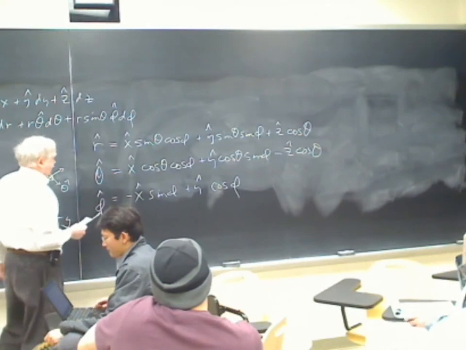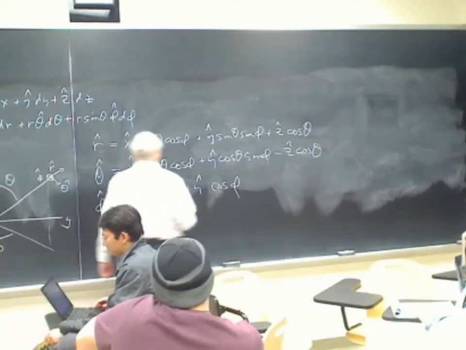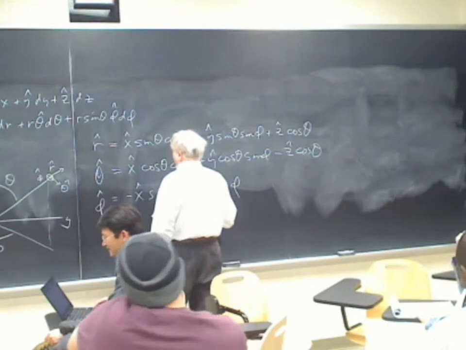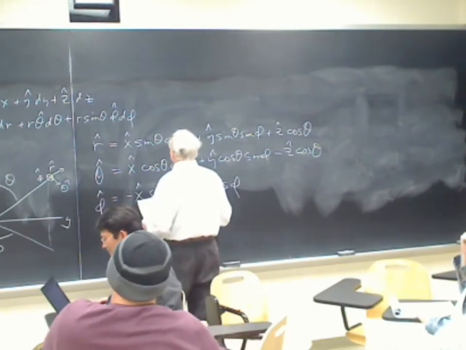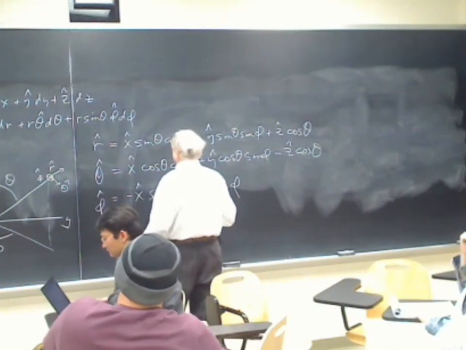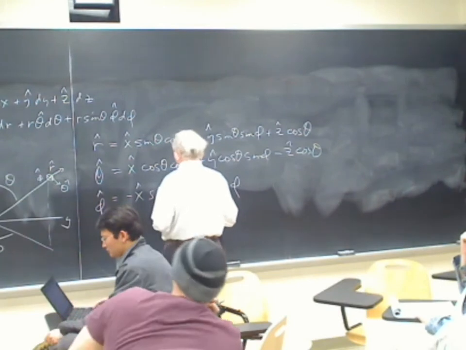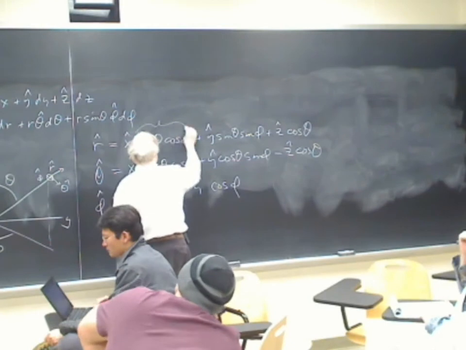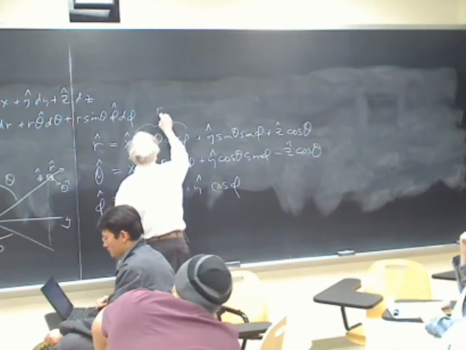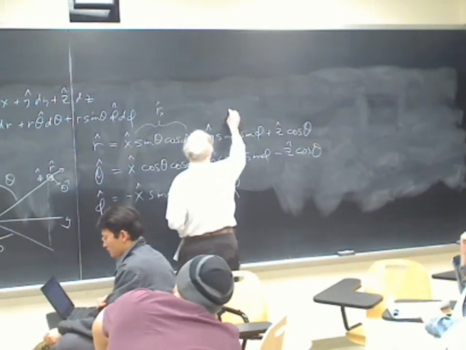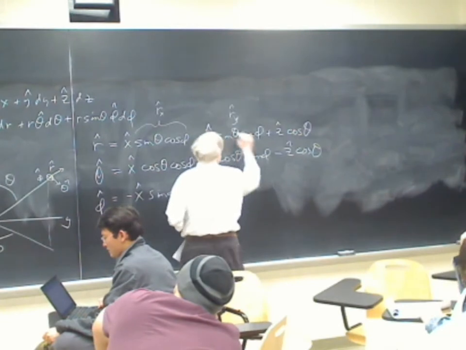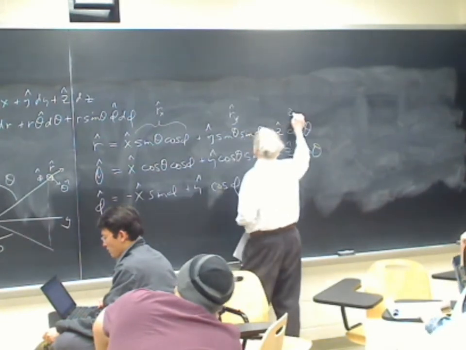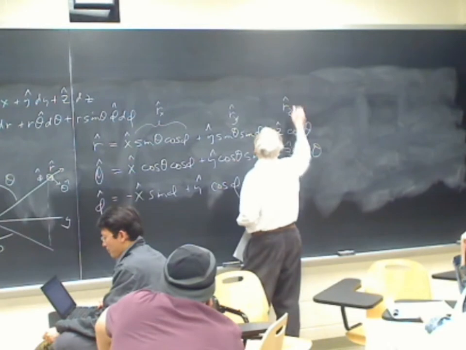This quantity here, for example, is the x component of r hat. This is the y component of r hat, and this, of course, is the z component of r hat.